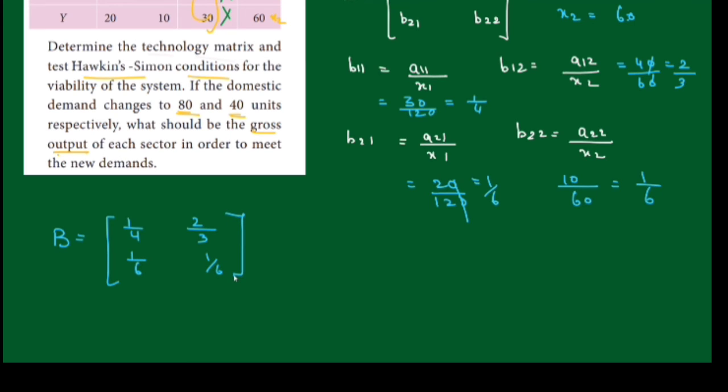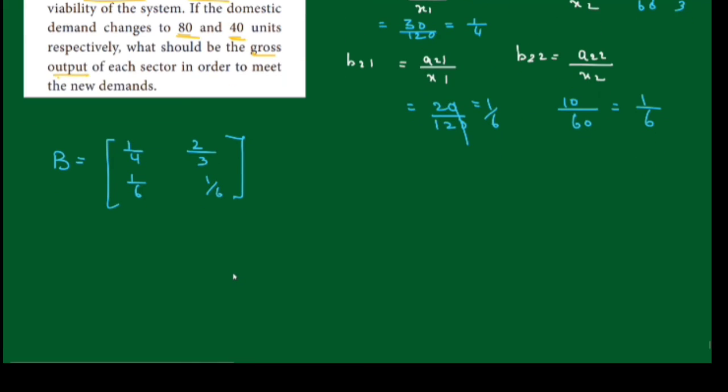The first part of the sum is over. Now we have to check the Hawkins-Simon condition. So we have to find the I minus B matrix. I minus B is, I is the identity matrix 1, 0, 0, 1, minus 1 by 4, 2 by 3, 1 by 6, 1 by 6.